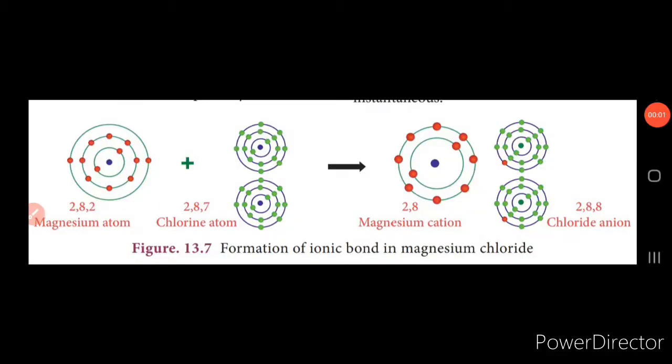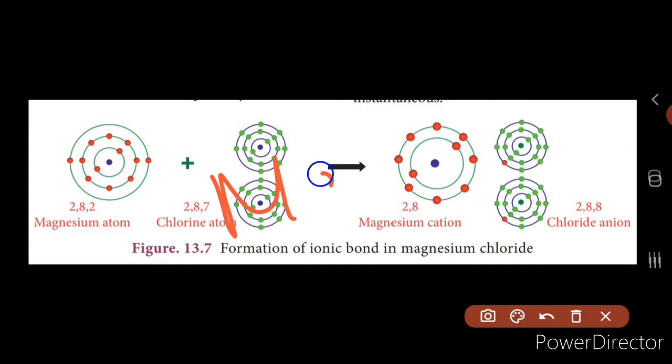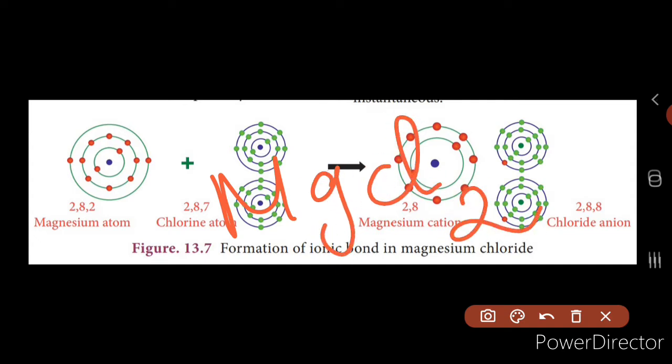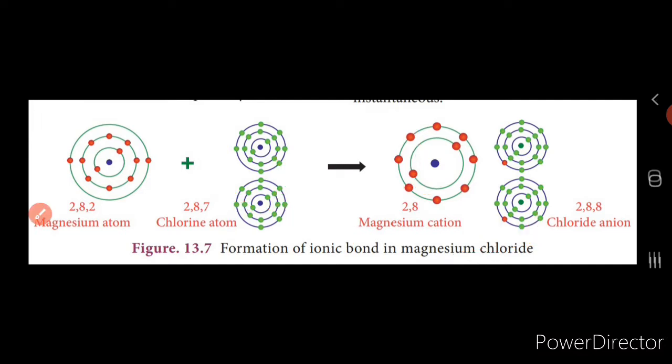Now let's see one more example of formation of an ionic compound. Here we are going to see the formation of the ionic bond in magnesium chloride, that is MgCl2, right? In MgCl2 you have 1 magnesium atom and 2 chlorine atoms. Let's see first magnesium.